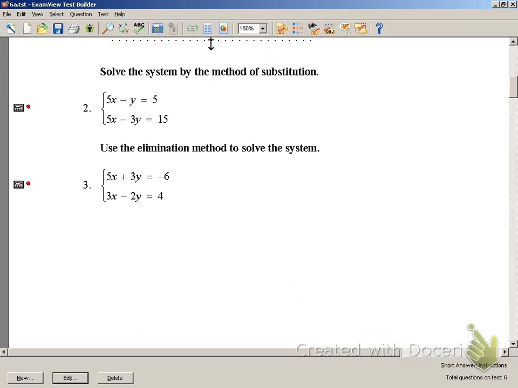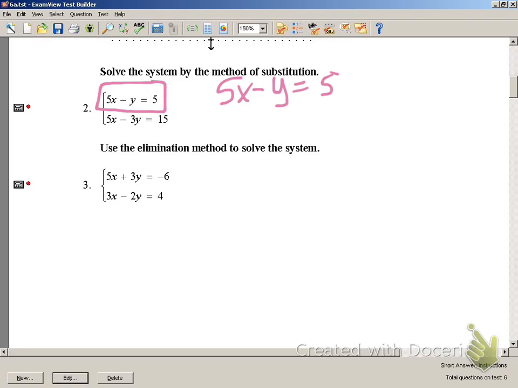Notice if we look at the first equation, 5x minus y equals 5, y has a coefficient of negative 1. So it would be very easy to solve that equation for y. In order to solve that equation for y, I would have 5x minus y equals 5.